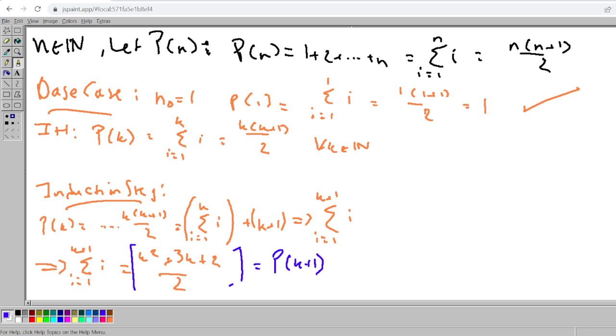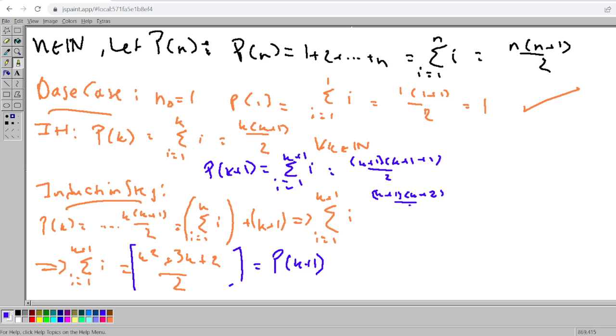Because if we plug it in, this is completely just P(k), and then you add another term. So then we can just show that the actual P(k plus 1) is equal to the sum from i equals 1 to k plus 1 of i, which would be basically (k plus 1) times (k plus 1 plus 1) over 2, which is (k plus 1) times (k plus 2) over 2, (k squared plus 3k plus 2) over 2, which leads to that answer.